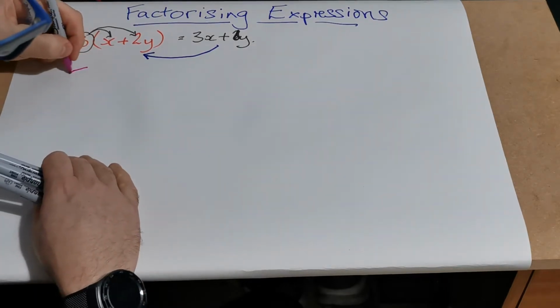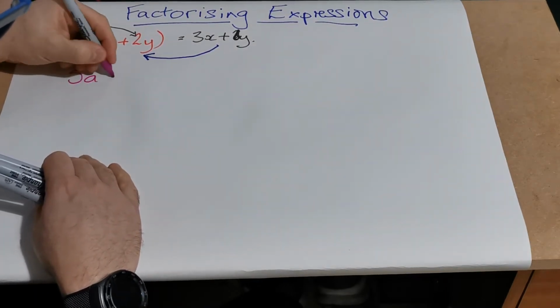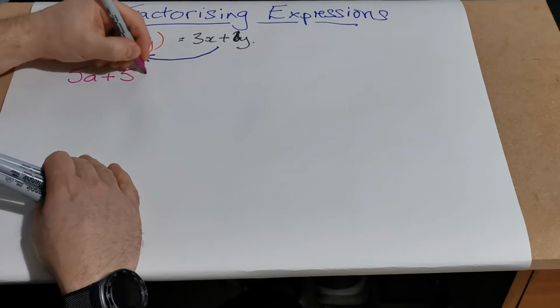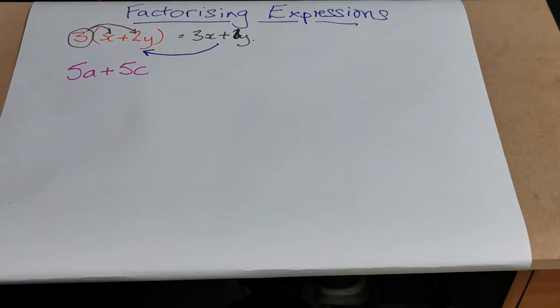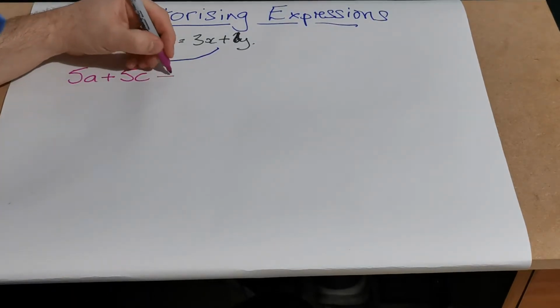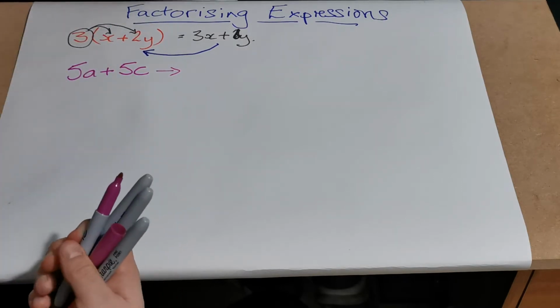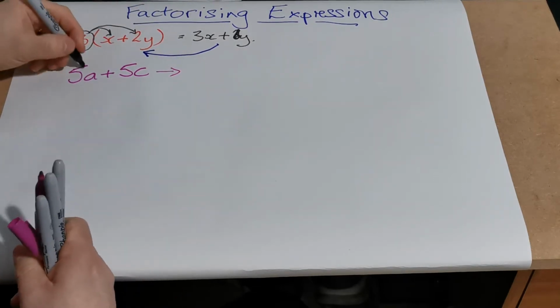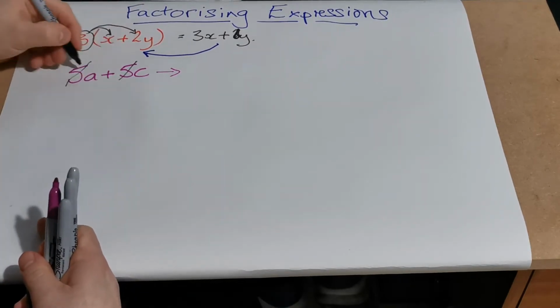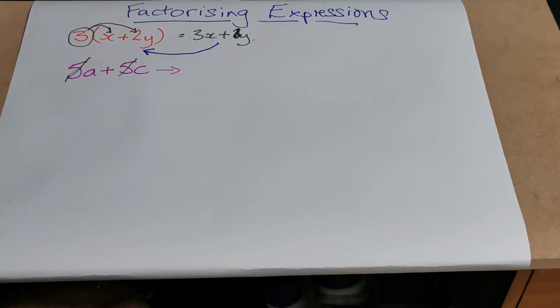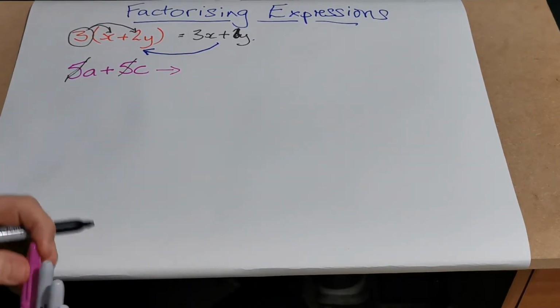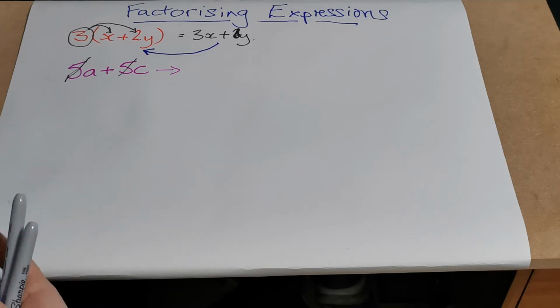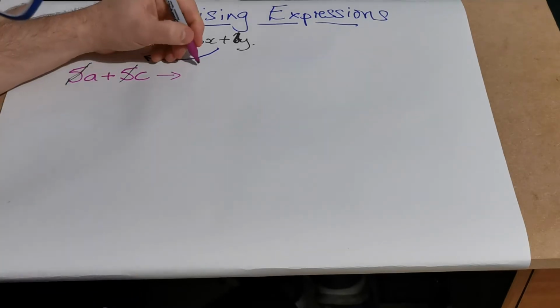So I'm going to look for common things that I can take out. For example, if I had 5a + 5c, you would see a commonality there in the 5, and it's not too hard to imagine that if you were multiplying out a bracket, you would have had a 5 outside of the bracket.